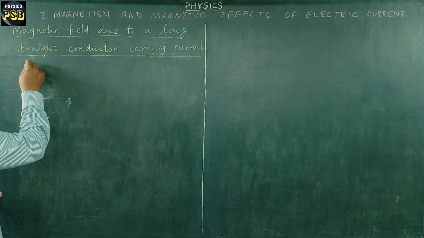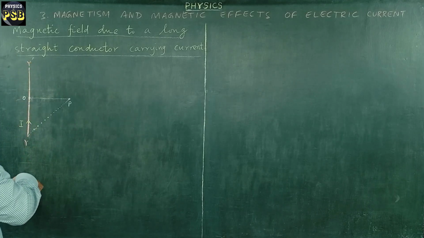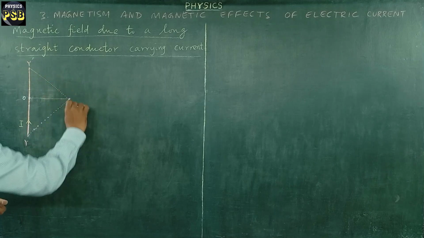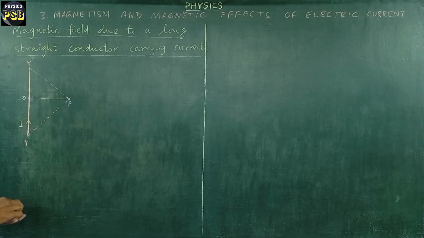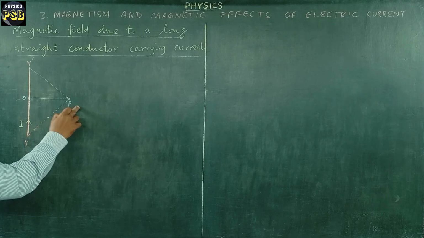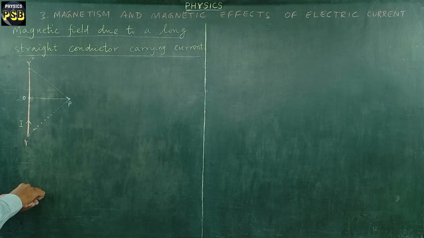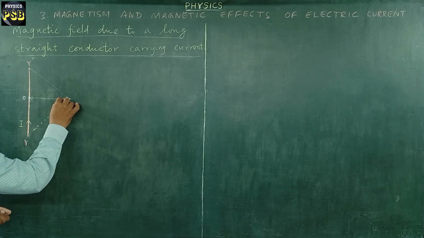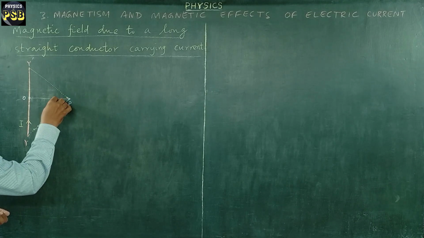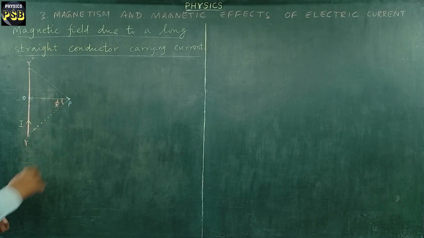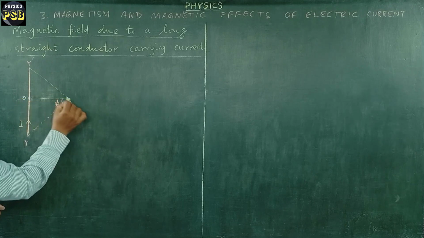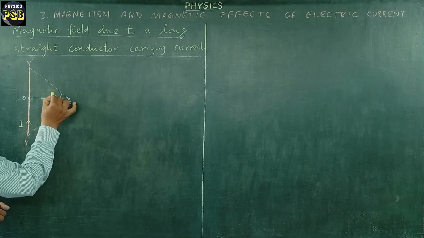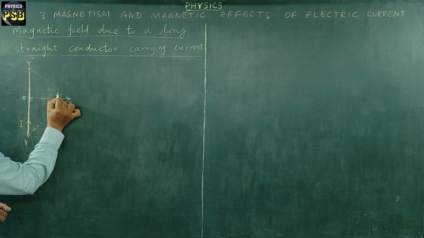Now here, the angle between PY and OP is taken as phi 1. Similarly, the angle between PY dash and OP is taken as phi 2.